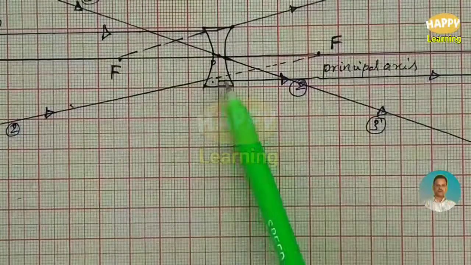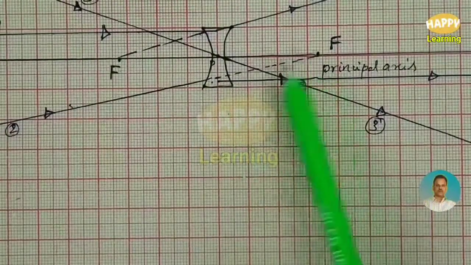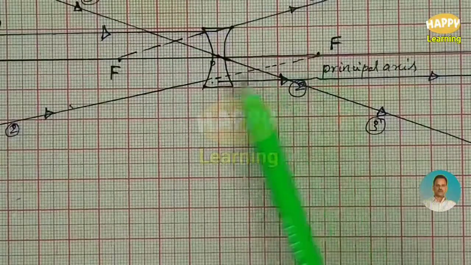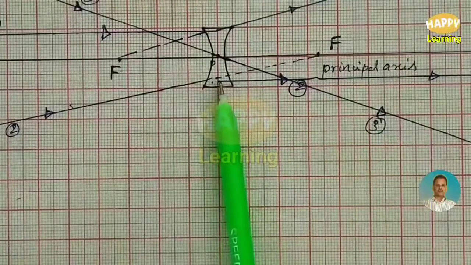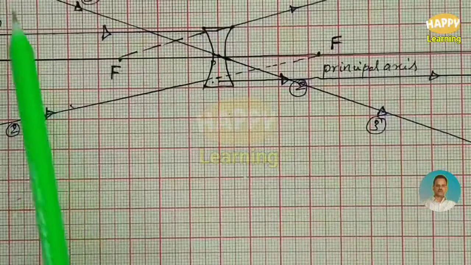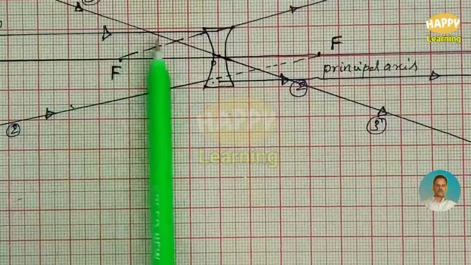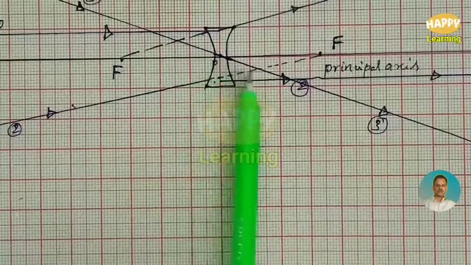Then second, this ray is incident such that it is trying to enter into the focus. This is represented by dotted line. It actually is not entering into the focus. It appears to be entering into the focus, but just after crossing this lens, it becomes parallel to the principal axis. The third one, the ray which tries to pass through the optic center is undeviated.